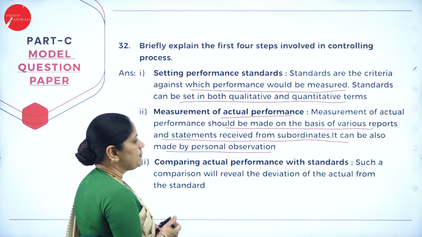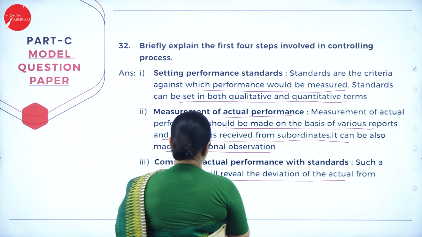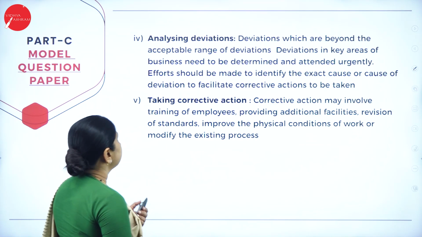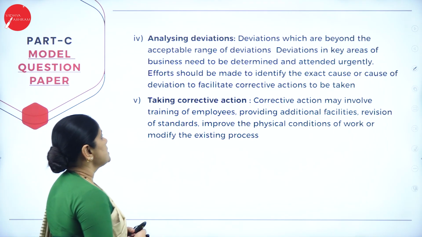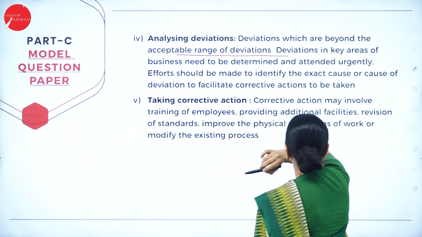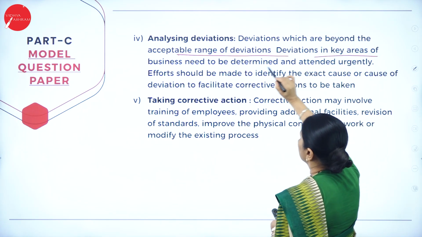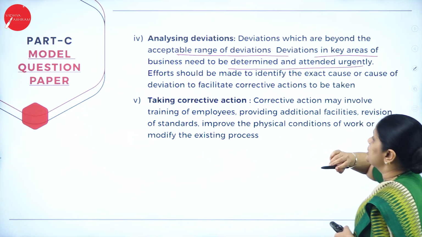Comparing actual performance with the standard. Such a comparison will reveal the deviation of the actual from the standard. And fourth one is analyzing the deviations. Deviations which are beyond the acceptable range, that is the deviations in the key areas of business, need to be determined and attended to urgently.